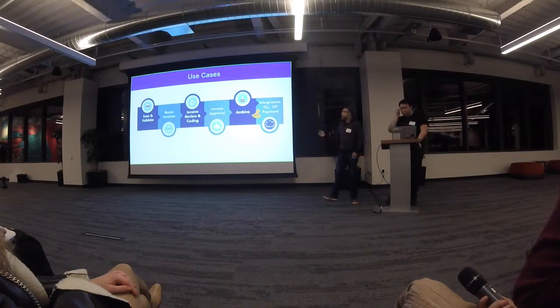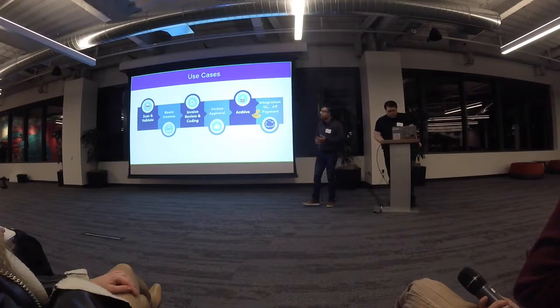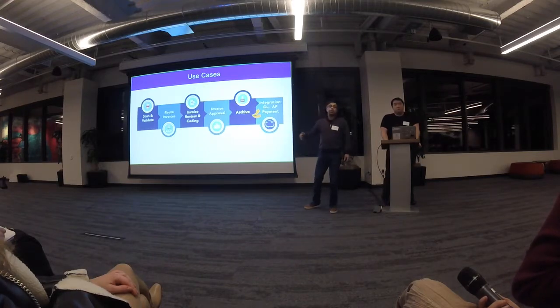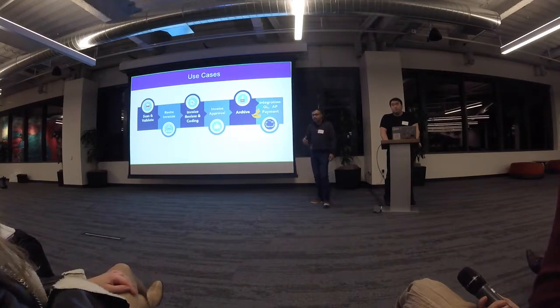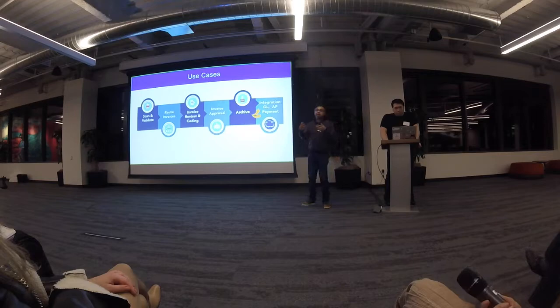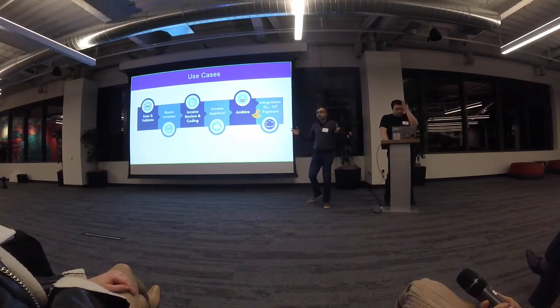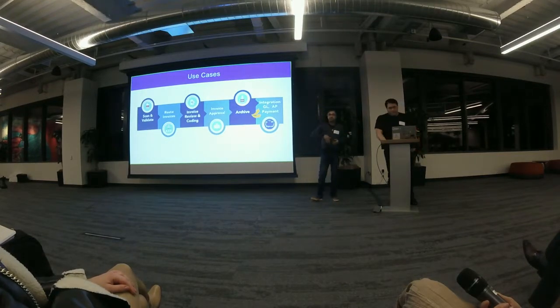The other use case that we wanted to tackle is basically invoice automation. So every company has an accounts payable department. Their main job, right, among lots of other things, is to receive invoices, issue invoices, right, and reconcile all of that.